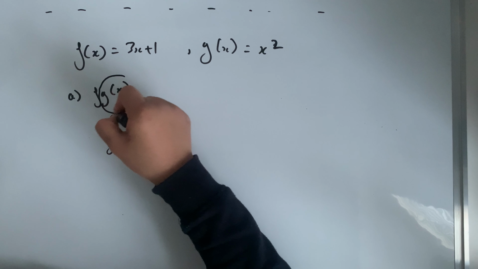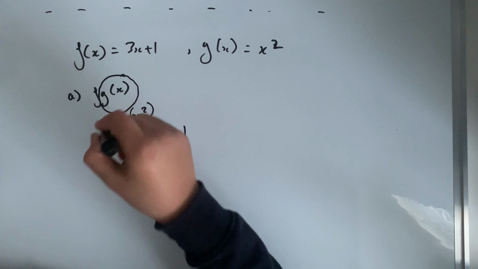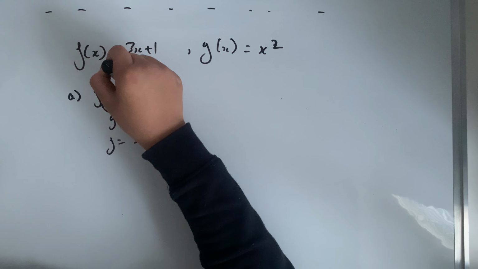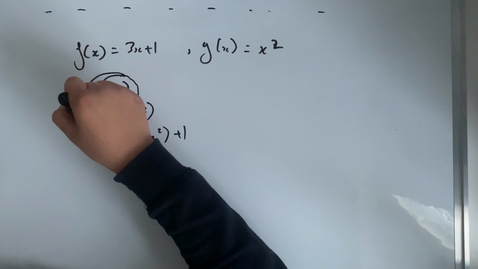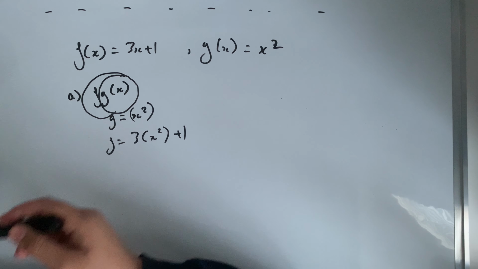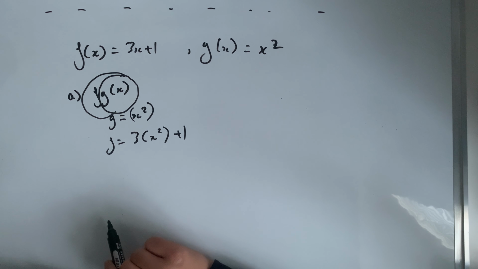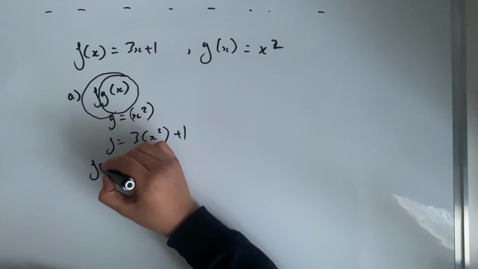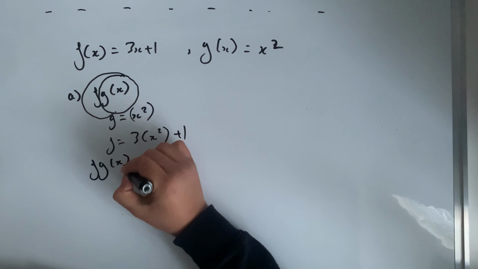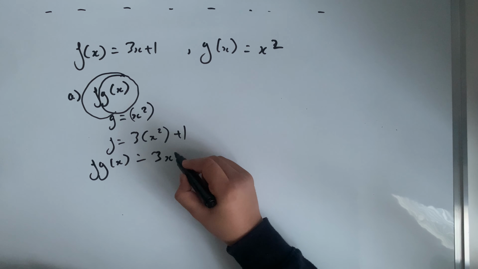So the letter which is closest to the x goes first, and then the number which comes from there joins with the next letter. So just like that over here. So the answer for this question is 3x squared plus 1.